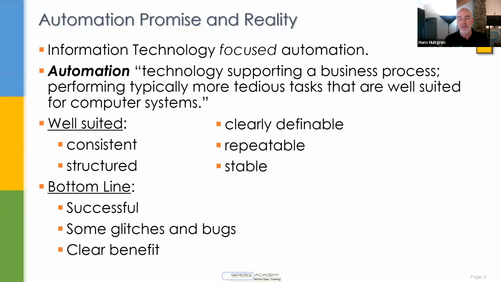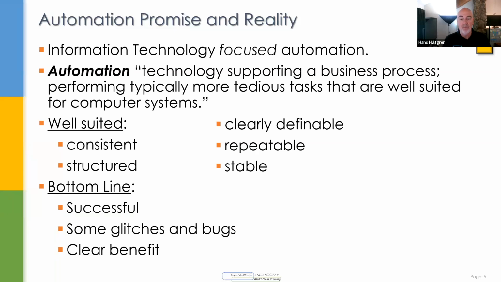That's just a general definition for what we've been doing for decades and decades with automation in the world of IT. It's well suited for things that tend to be consistent, structured, clearly definable tasks and things, repeatable, of course, and ideally stable. And these two things are different, right? Consistent meaning that it's consistently applied, and stable meaning that it's not subject to change very often.